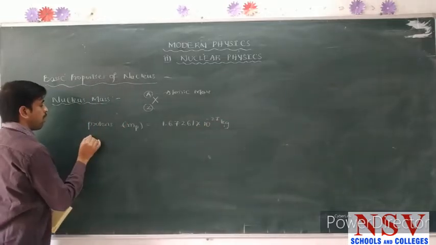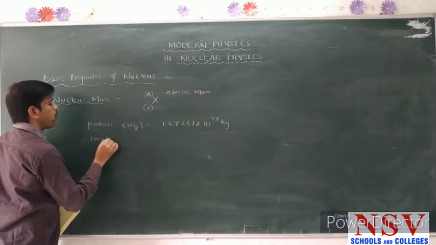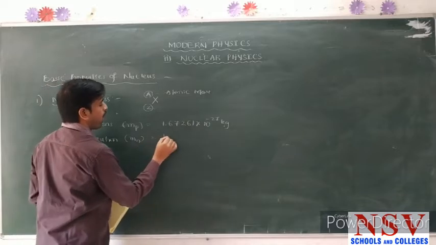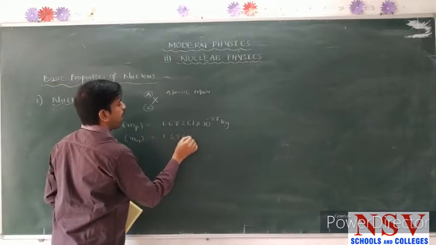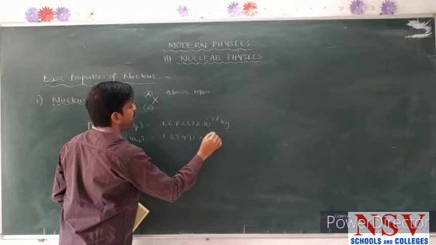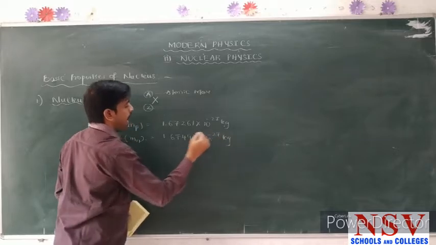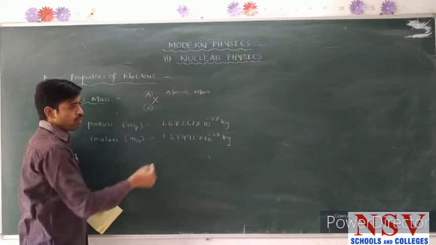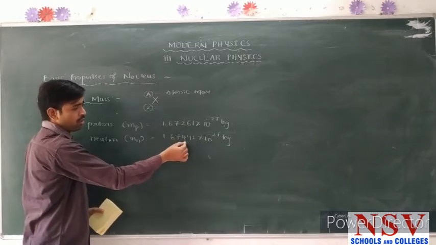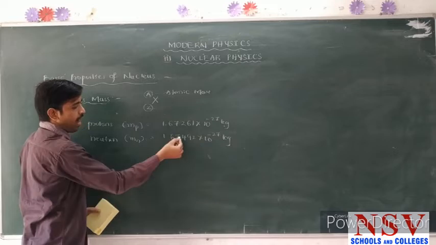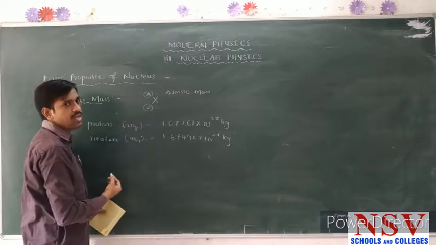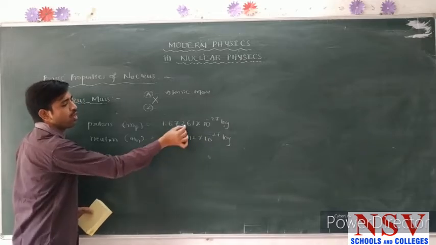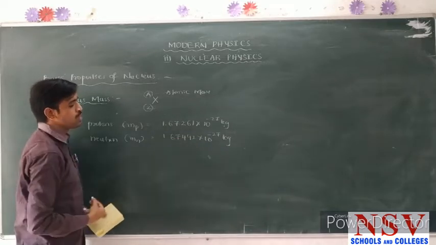Next, the mass of the neutron, denoted Mn, is 1.67492 into 10 power of minus 27 kg. These two values are approximately equal, and we can consider 1.67 into 10 power of minus 27 kg. Only a small difference exists, in the decimal places.